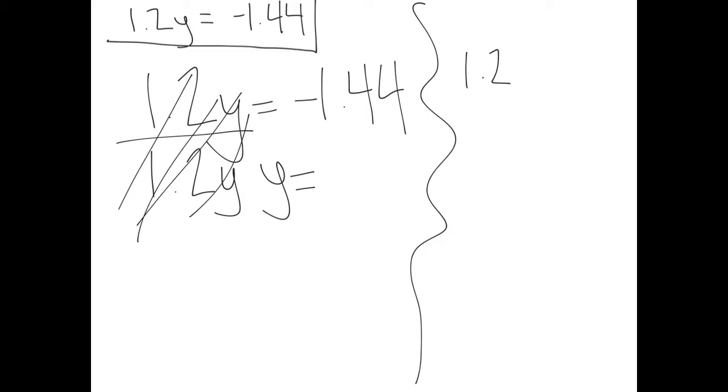So 1.2 goes into, so we have to move the decimal over for however much. So 12 can go into 14 one time, which equals 2.